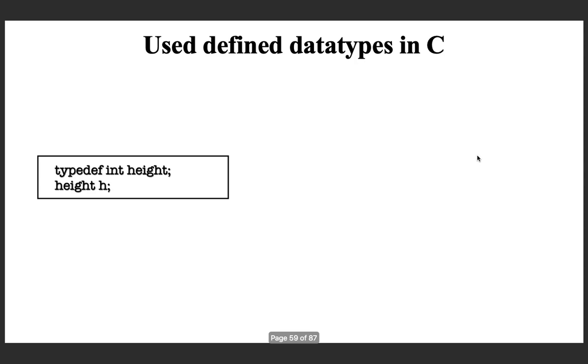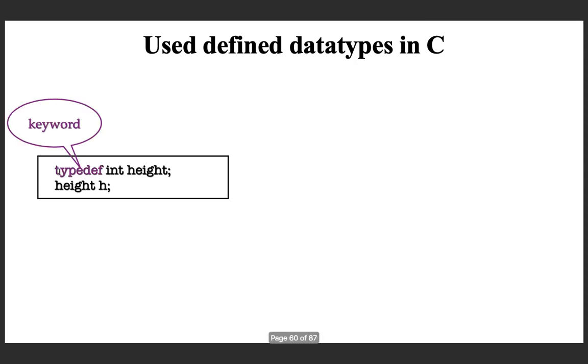So the program will be more readable if you can define your own data types. And now we are going to see how it is permitted in the C programming language. User defined data types. I am trying to explain this using an example.